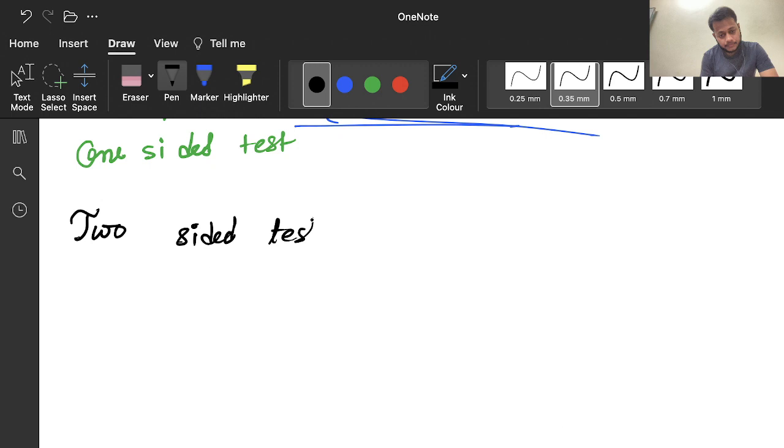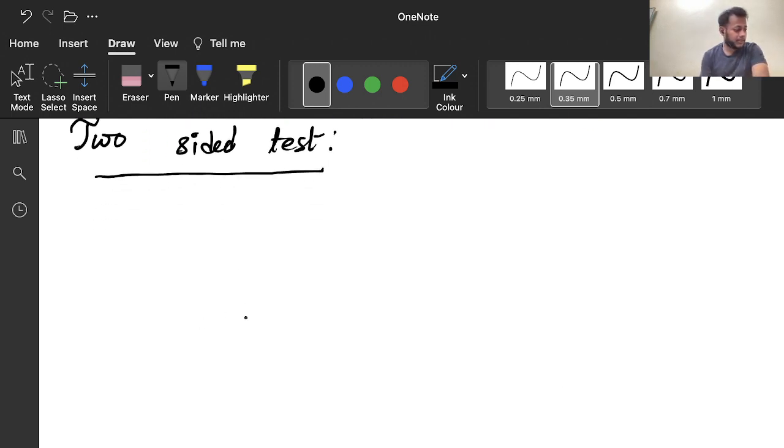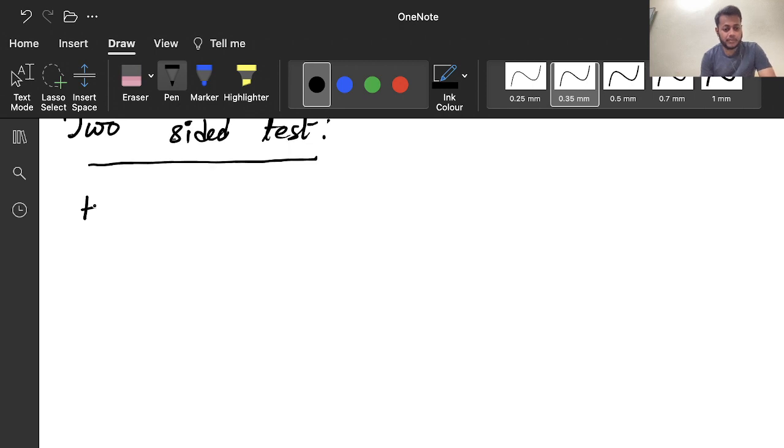Two-sided test. So in a two-sided test, my null hypothesis is mu equal to mu 0 and the alternative hypothesis is mu not equal to mu 0.